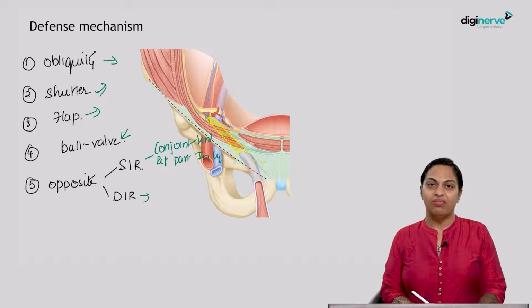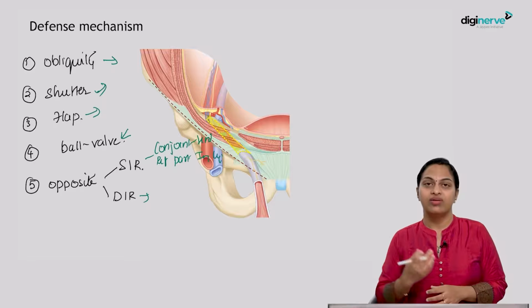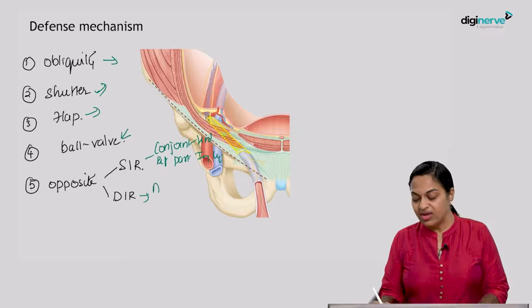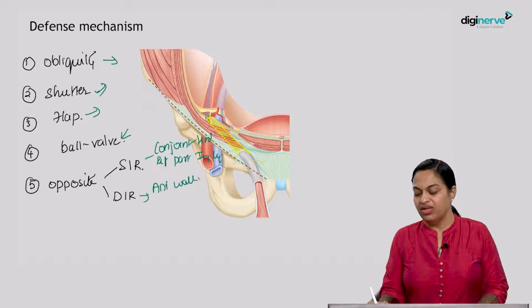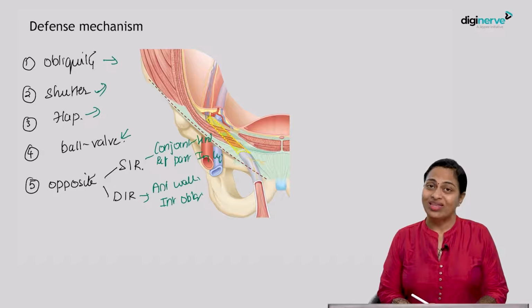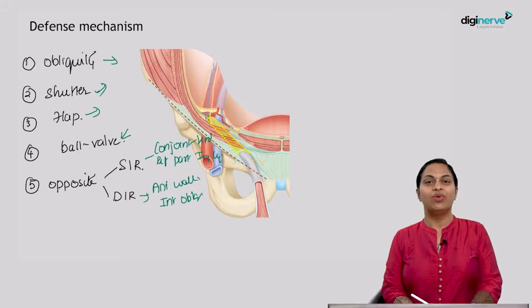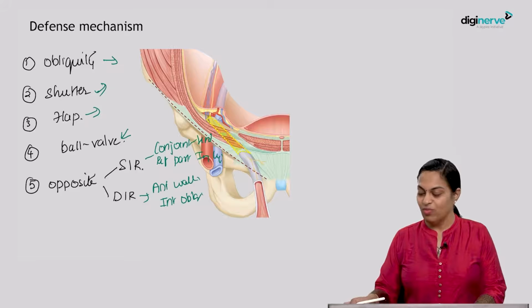At the same time, where the deep inguinal ring is present, the anterior wall is strengthened by the fleshy origin of internal oblique fibers. So all these factors prevent the development of inguinal hernia in most of us.